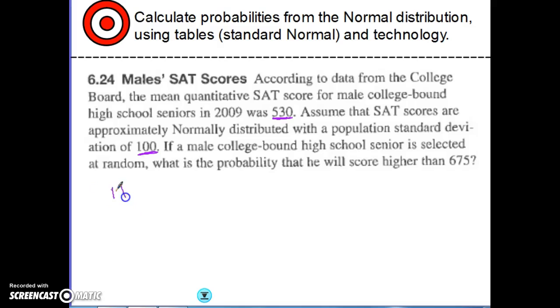Well, we know we're talking about a normal distribution with a mean of 530 and a standard deviation of 100. Okay, and so when I put it into my calculator, you're going to grab the normal CDF, and I need to know my bottom range and my upper range. This is why I always recommend drawing that picture, because it's going to help a lot.